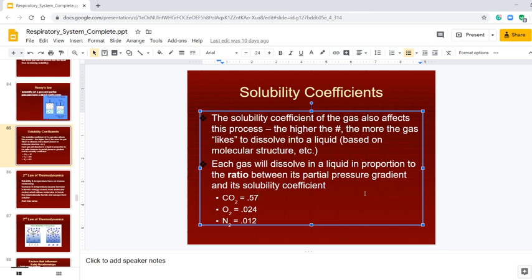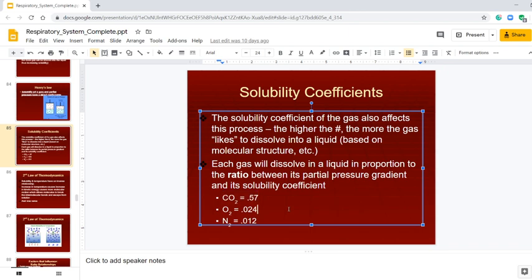So there's a whole bunch of stuff going on here. Not only do you have that whole high to low thing, but you also have the solubility coefficient. Not only do we have to drive it in, but the gas also has to molecularly want to be dissolved.